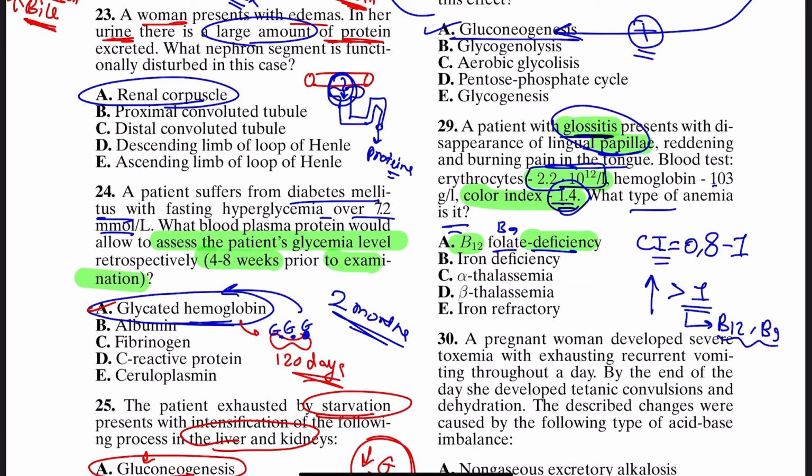Iron deficiency anemia, they will tell you about color index less than 0.8, low color index. Thalassemia, they will tell you target cells, keyword. And plus iron deficiency, they will tell you about nail problems, hair loss, and so on.